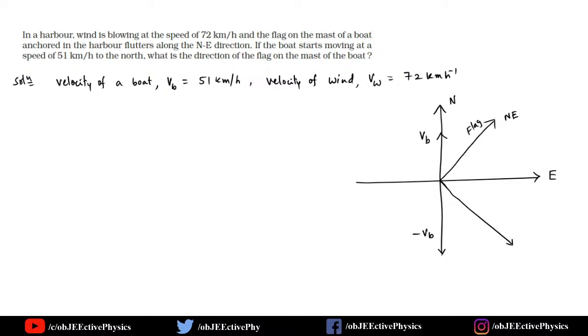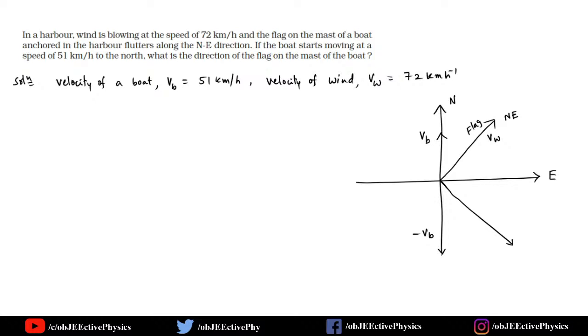Wind is blowing in the northeast direction. A flag fluttering in the northeast direction means wind is also blowing in the same direction. So this is VW. It means wind is blowing in the northeast direction.